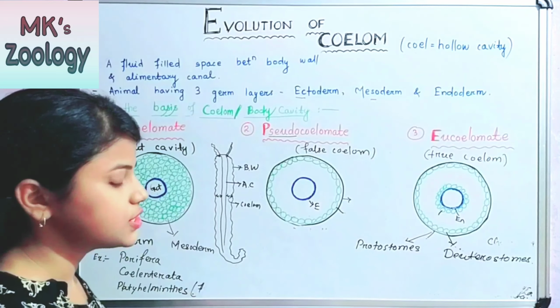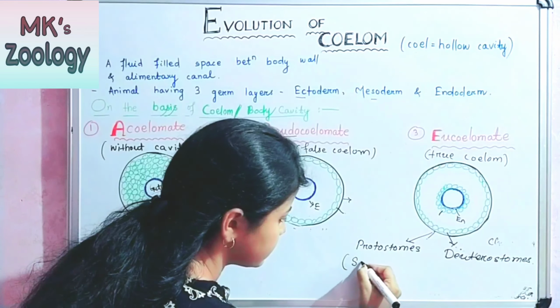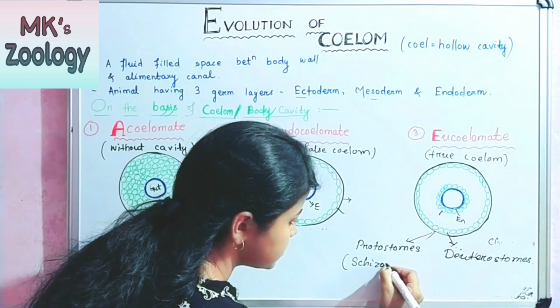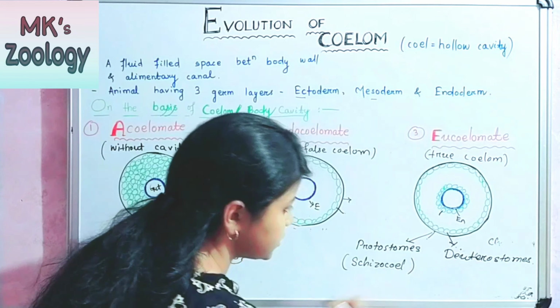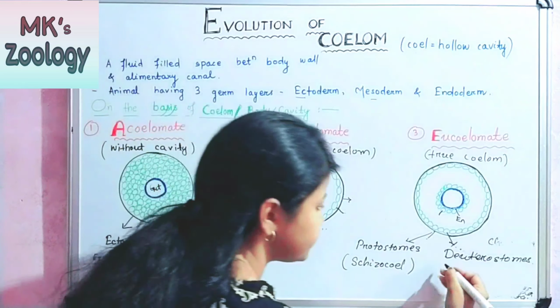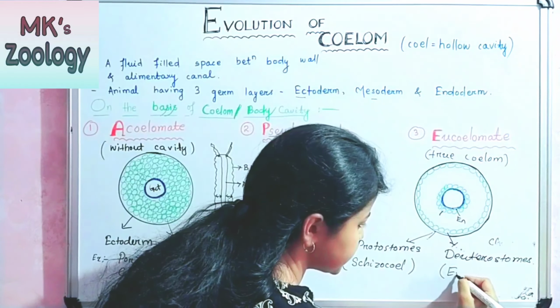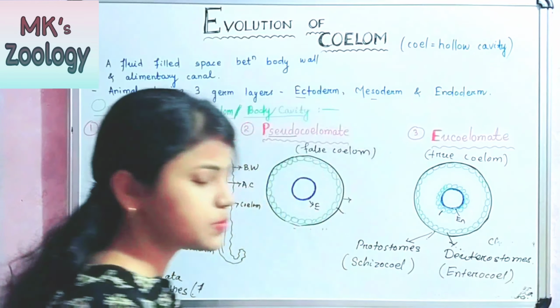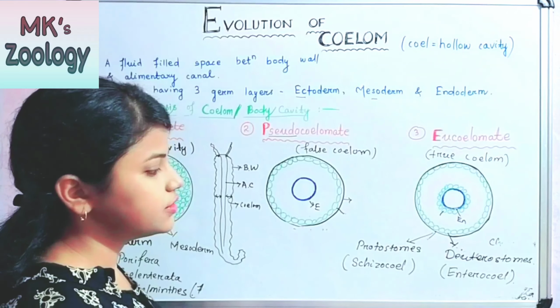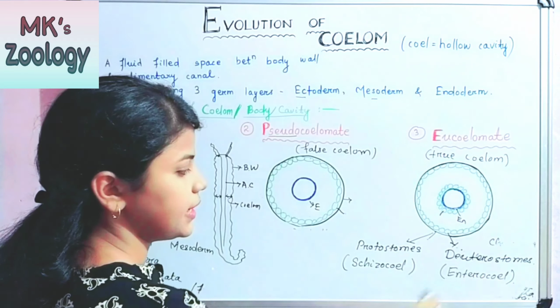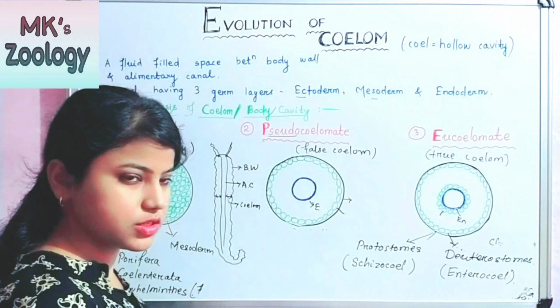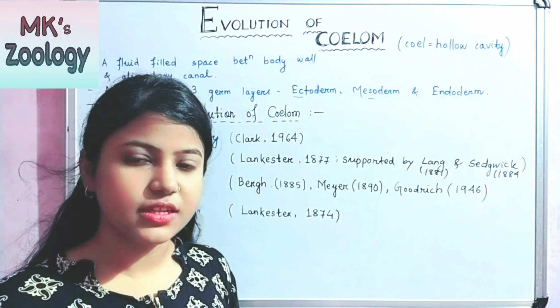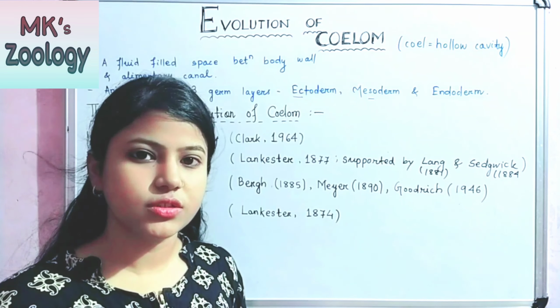Okay, in protostomes, the schizocoel is present, and in deuterostomes, the enterocoel is present. I will discuss in detail about schizocoel and enterocoel and protostomes and deuterostomes. So let's start the theories on the evolution of coelom.